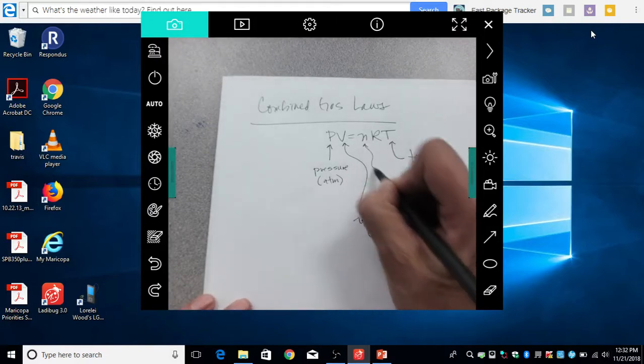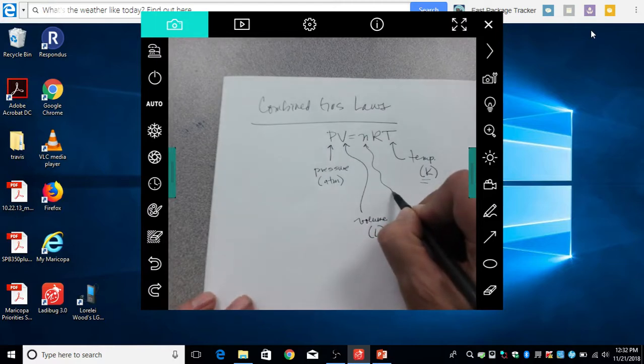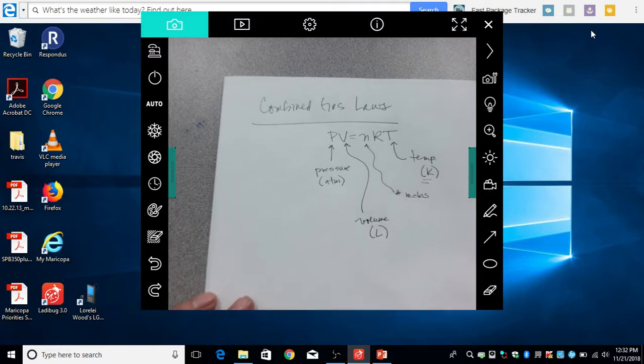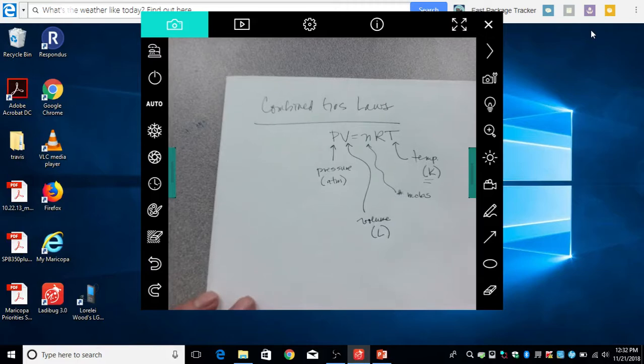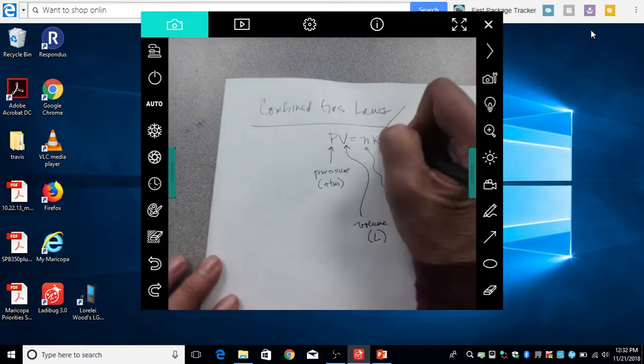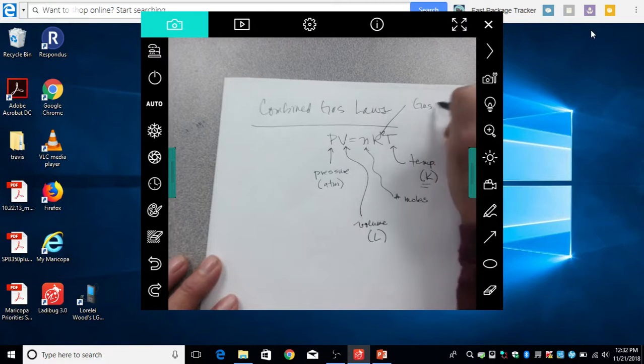N. What is N? Anybody remember what N is? We've used it a couple times for this. Number of moles. N in statistics is usually a number of pieces, so I think that's why the chemists decided to use N rather than M or something like that for moles. So number of moles, 6.02. And R is what we call the gas law constant.